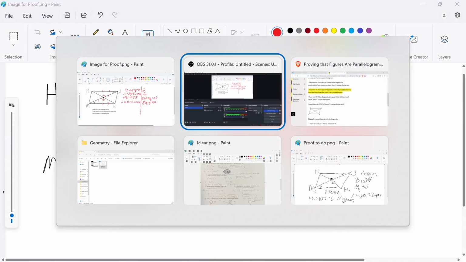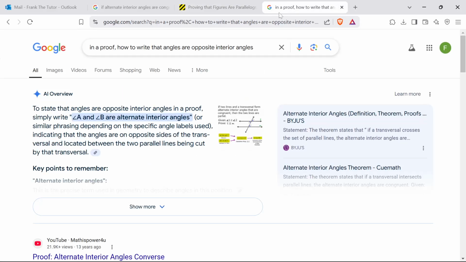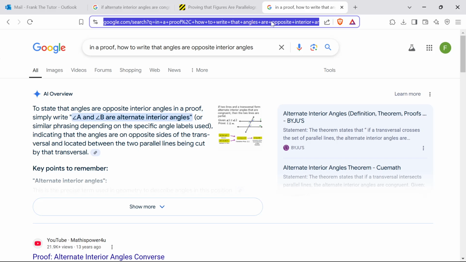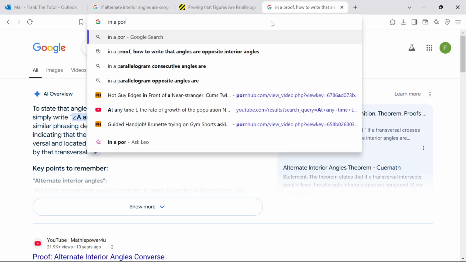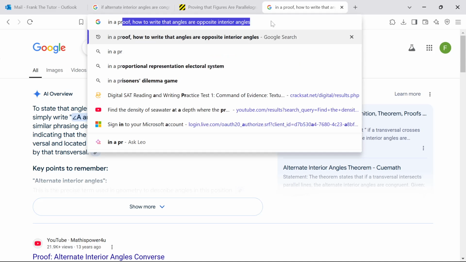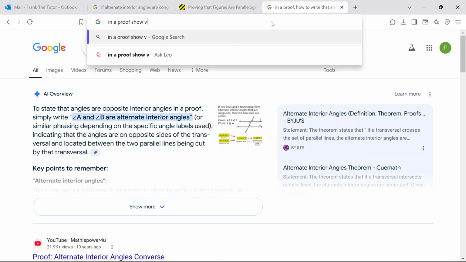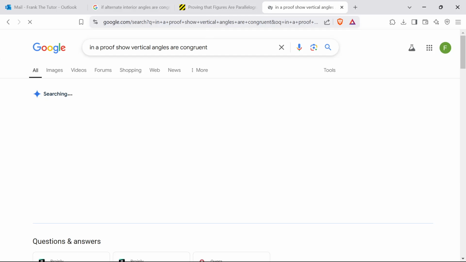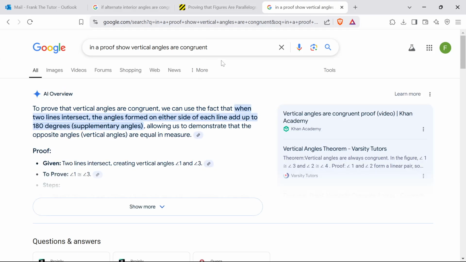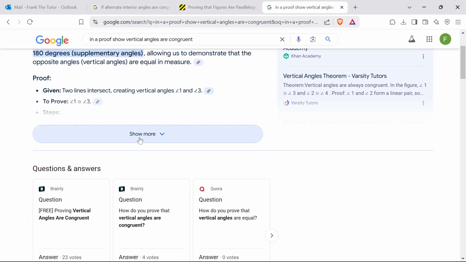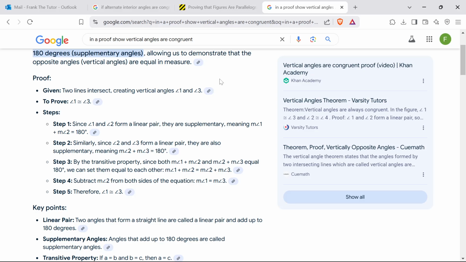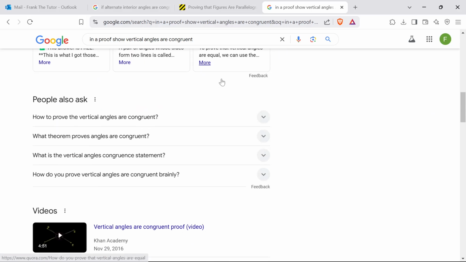Well, is it the definition of vertical angles? Let me look it up.